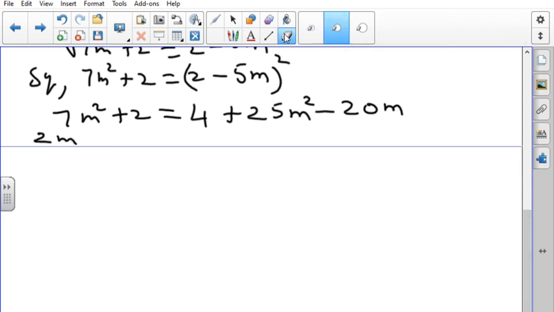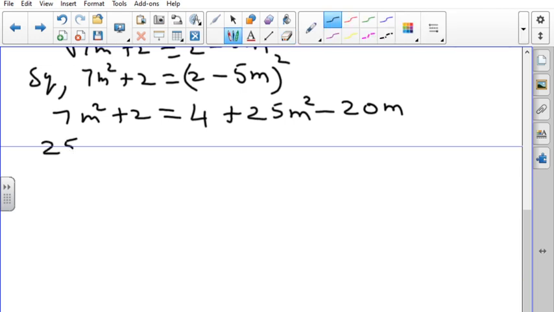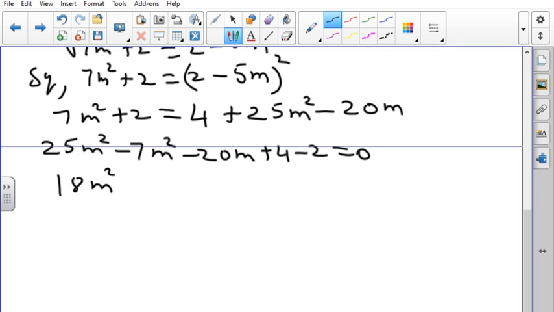25m square minus 7m square minus 20m plus 4 minus 2 is equal to 0, which gives you 25 minus 7 is 18m square minus 20m plus 2 is equal to 0.